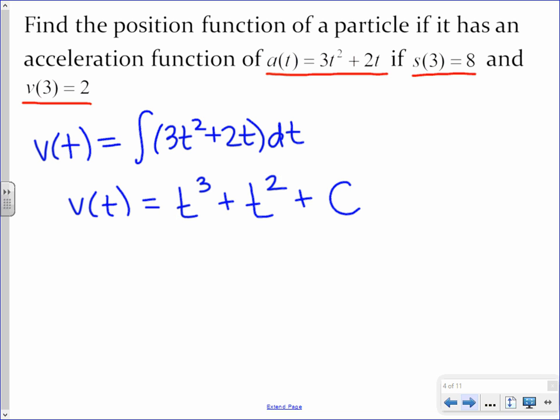Awesome. When time is 3, our velocity is 2. What does that make C?